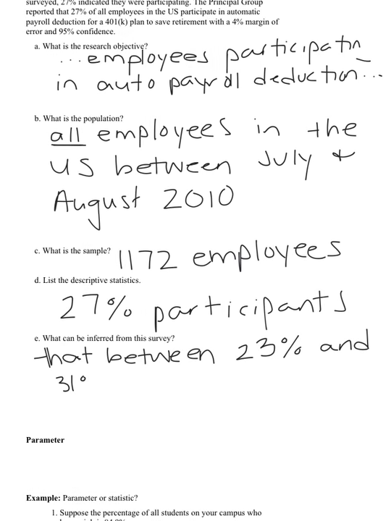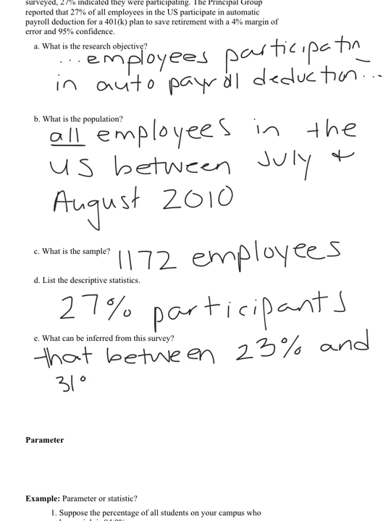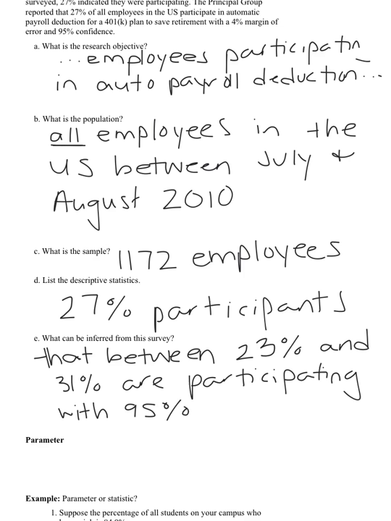Okay, so that was between 23 and 31% are participating, with 95% confidence. All right, so we have our wiggle room, 4%, and then we have the level of confidence. So that's our inferential. All right, and then that is that.